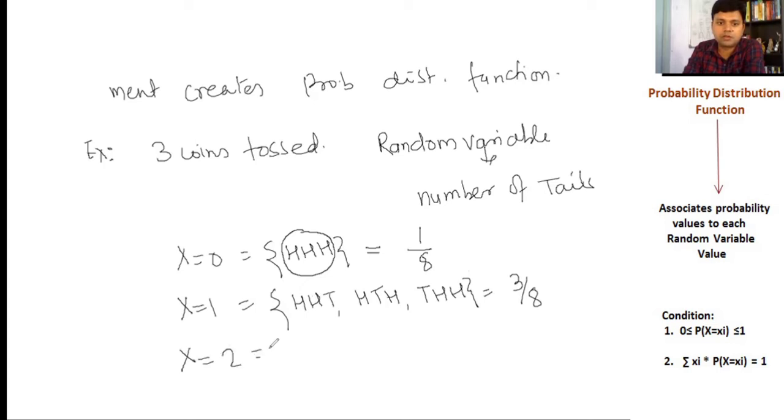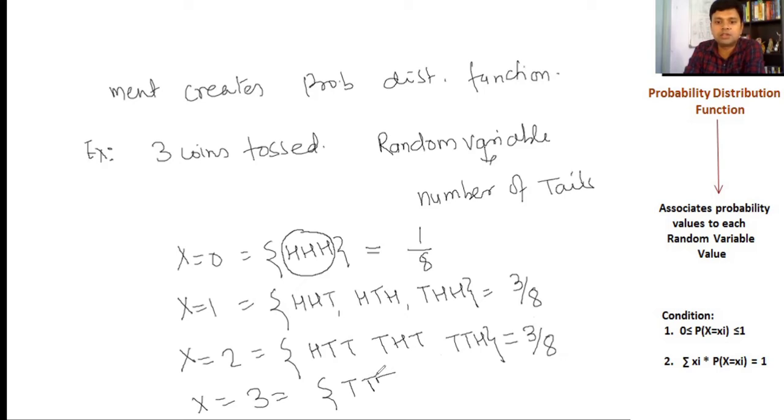For X equal to 2, what are the outcomes? HTT, THT, and TTH, and nothing else. So it is again 3 outcomes, probability is 3 by 8. Now X equal to 3, what is the outcome? Only one outcome, TTT, that is 1 by 8.